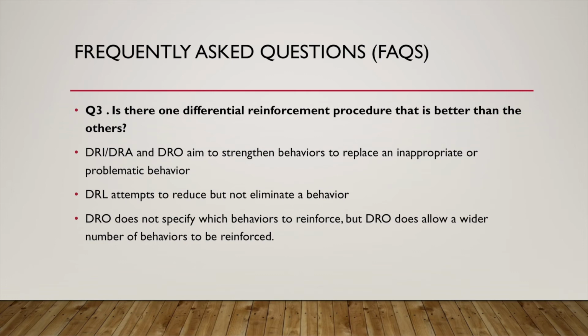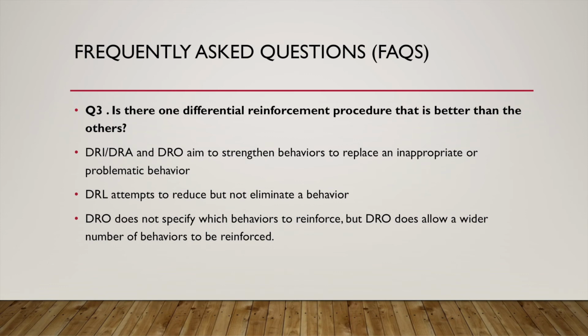DRI, DRA, and DRO aim to strengthen behavior to replace an inappropriate or problematic behavior, whereas DRL attempts to reduce but not eliminate a behavior. DRA does not specify which behavior to reinforce, but DRO does allow a wide number of behaviors to be reinforced. It is possible for DRO to develop and strengthen collateral or non-target behaviors that are important for the learner to sustain progress.